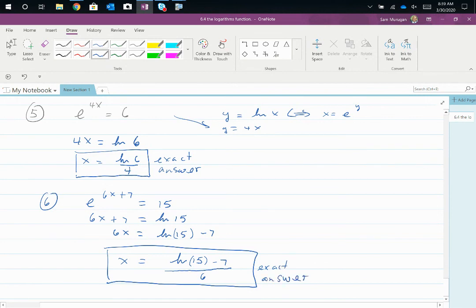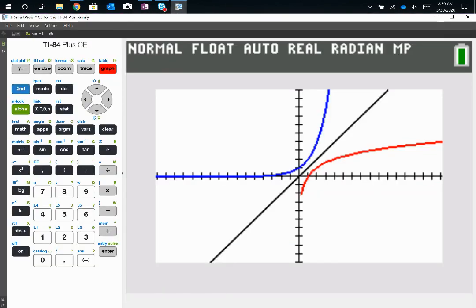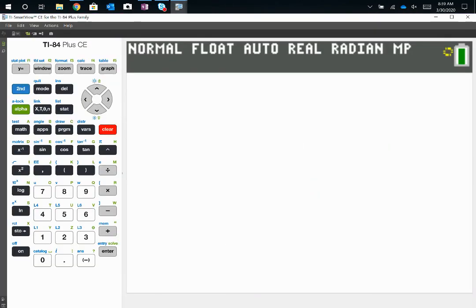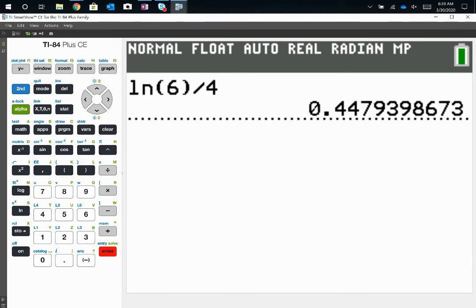Because if you put it into a calculator, for example, if I put natural log 6 over 4 in the calculator, I would get an approximation. Natural log of 6 divided by 4 would give me an approximation of 0.45.